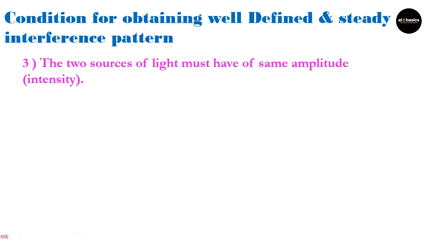Next condition is related to amplitude or intensity of two sources. And we know that the two sources must have same amplitude or same intensity. This is again one of the most important condition for steady interference pattern.